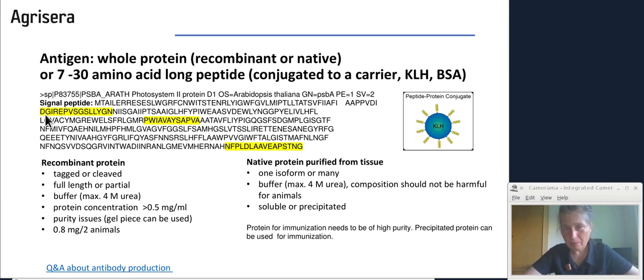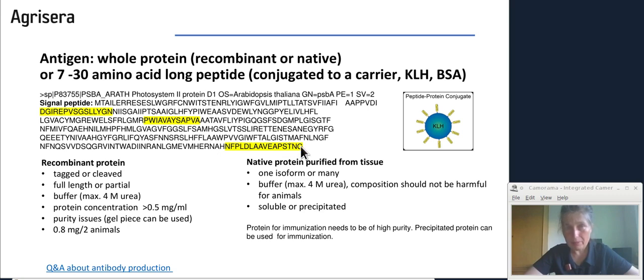Although one has to remember that the peptide chosen for immunization has to be located outside the signal peptide. Also, if there are any processing sites, they have to be avoided. Such a peptide can be either N or C terminal or derived from the inside of a protein.